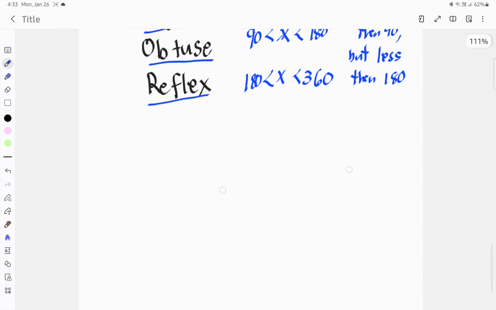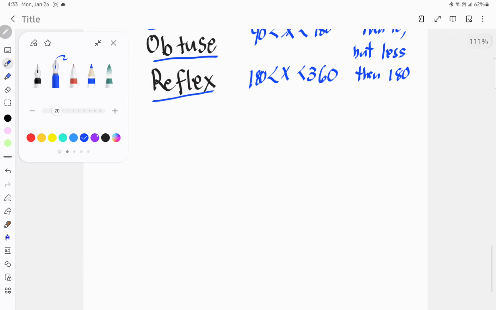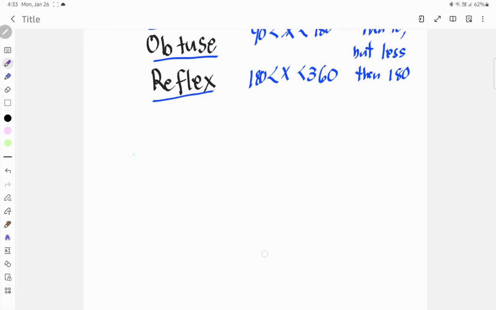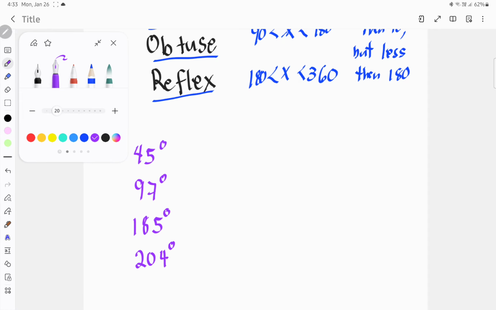So for example, let me write different kinds of angles. First, we have 45, 97, 185, and then 204. Normally they are in degrees. Another unit of measurement for angles is the radian.